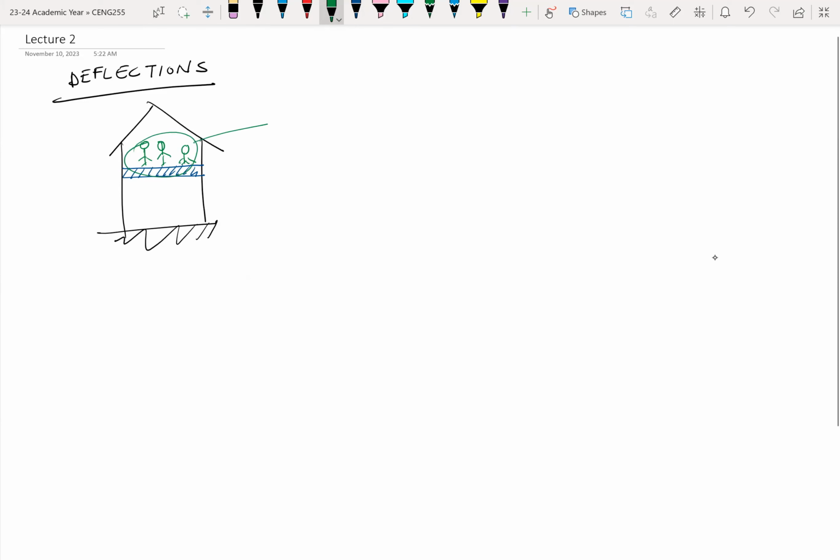The people here act as load on the beam. If I'm to draw it in simple terms, we would have these loads on it.